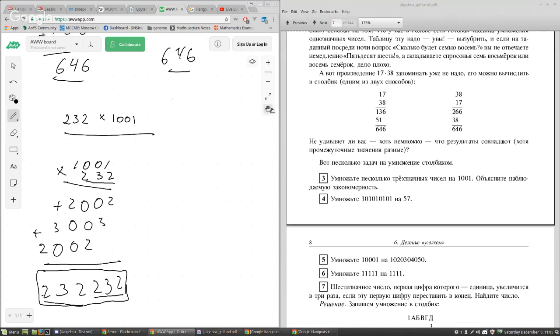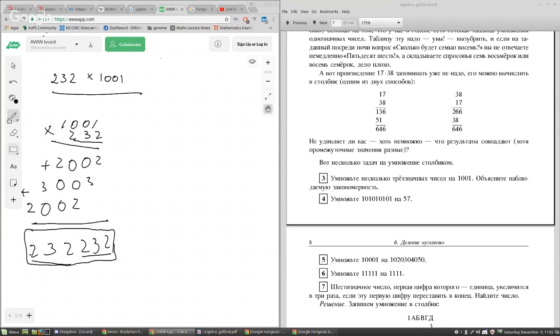Let's try this again. Let's do another example. We can pick any other number here. Let's say I do 1001 times 141. 1 times 1, 1, 0, 0. So it's 1, 0, 0, 1 plus 4, 0, 0, 4 plus 1, 0, 0, 1.